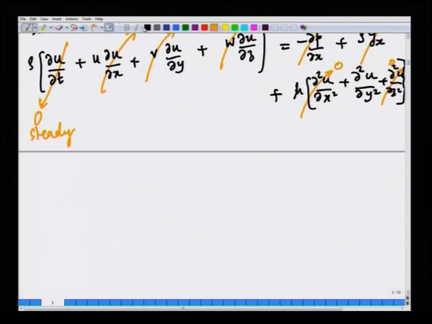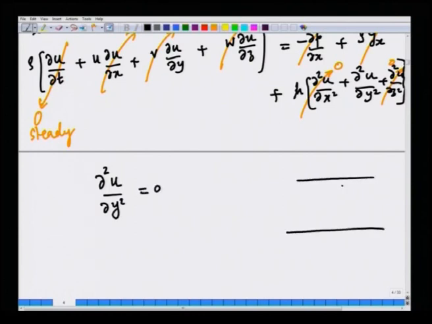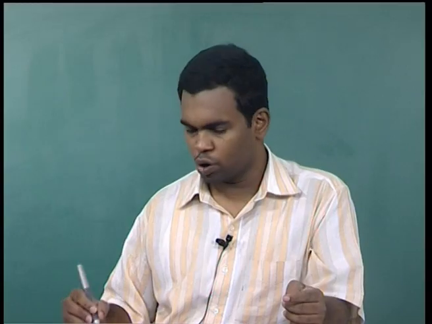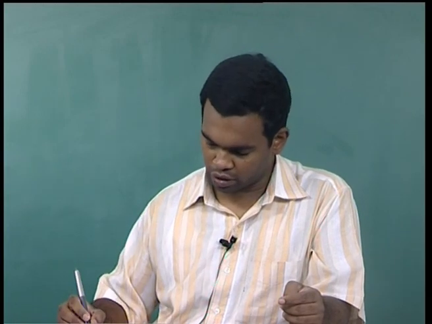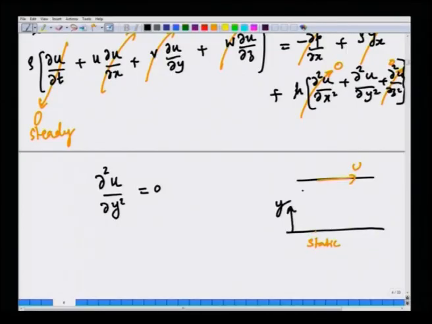So, eventually the x component of momentum equation simplifies to partial squared u by partial y squared is 0. Now, this is not 0 because the top plate is moving with a constant velocity U, the bottom plate is stationary. So, clearly u within the two plates will be a function of the normal coordinate, which is the y direction in our problem. Okay. So, this cannot be 0.